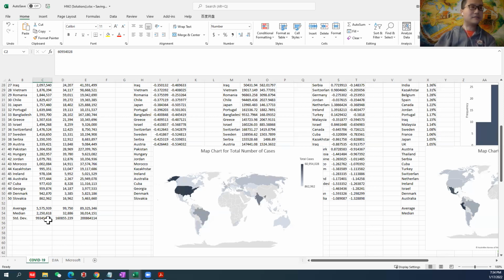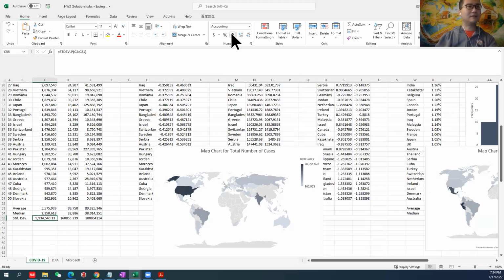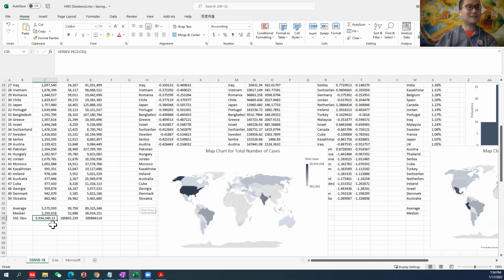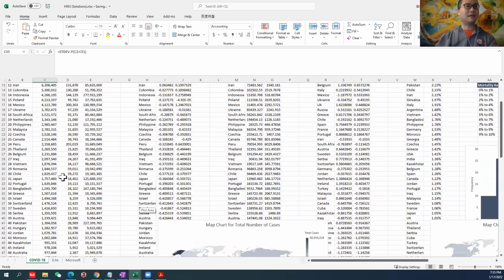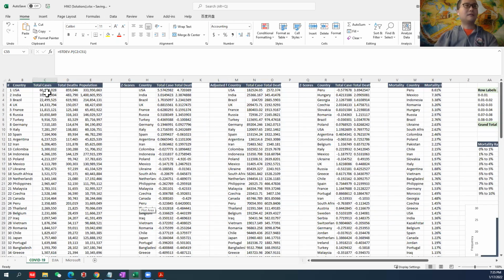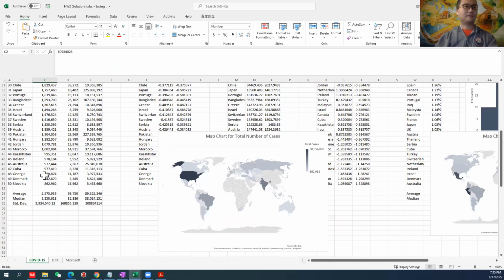A standard deviation is, let's see, no, it's like 9 million. So we know that the total cases in USA is about 55 million more than the average, and in terms of the standard deviation, it's about 5.5. Did this address your question?